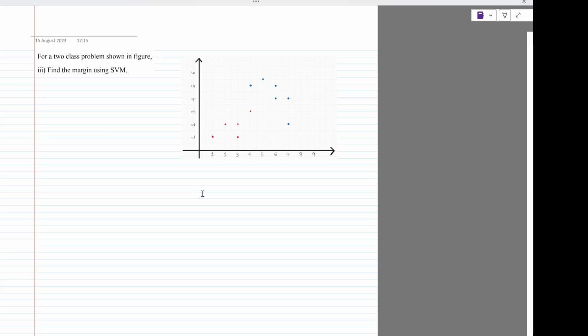Find the margin using SVM. So to find the margin, what we need to do is we have this straight line, what we found, x plus y minus 8 equal to 0.